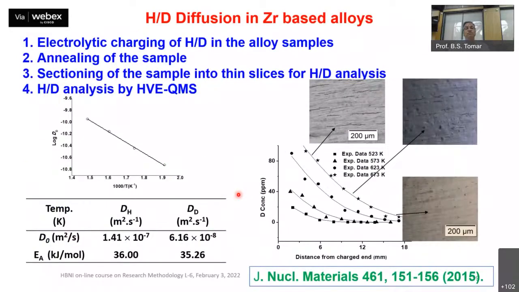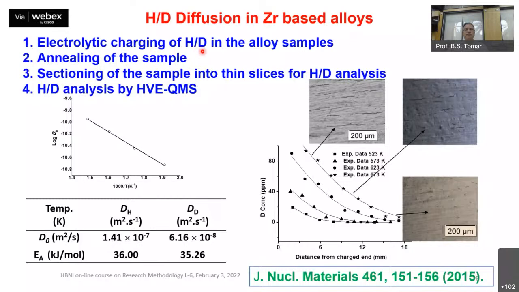For this, we made an experimental plan to study hydrogen and deuterium diffusion in zirconium-based alloys. You have to charge the hydrogen and deuterium electrolytically into these alloy samples. So you take D2SO4 in normal water, and you can play with the ratio of hydrogen to deuterium.